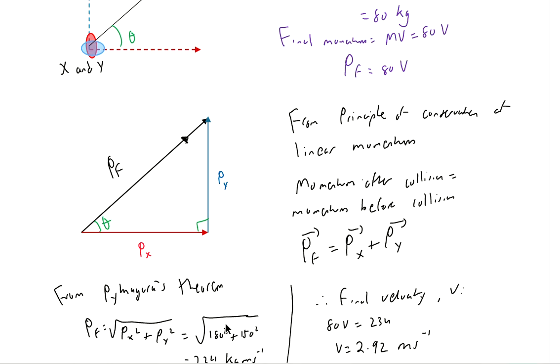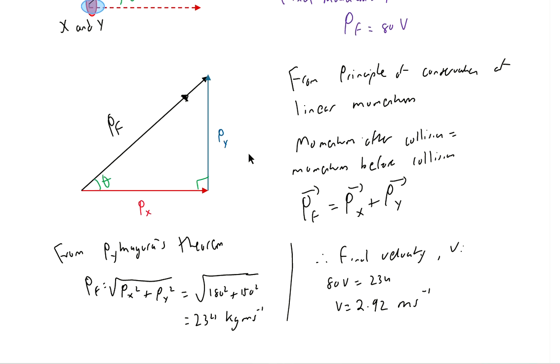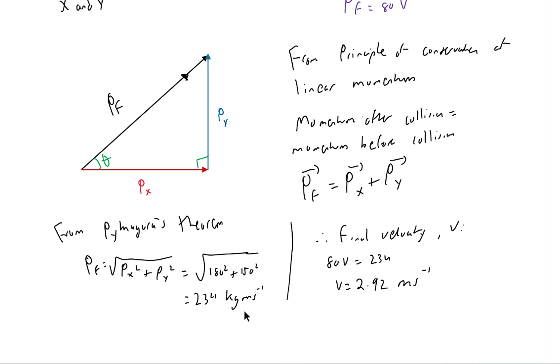So from the principle of conservation of linear momentum, again, I write this vector equation. And this is the triangle corresponding to this vector equation. We have already found the magnitude of px and py. Use Pythagoras theorem, and we are going to have 234 kilogram meter per second as the magnitude of the total momentum.